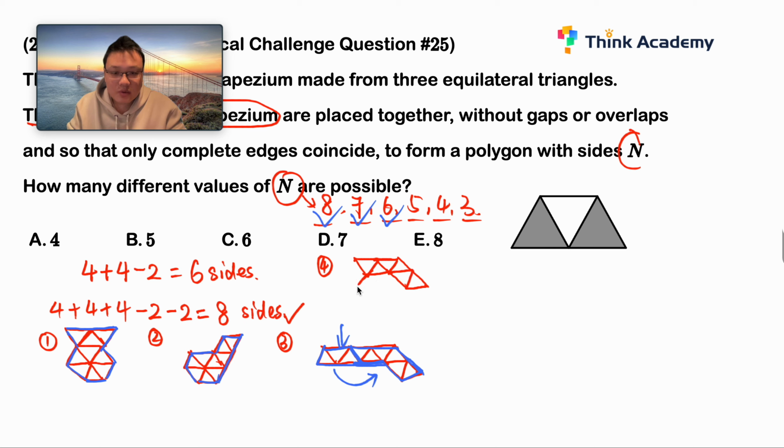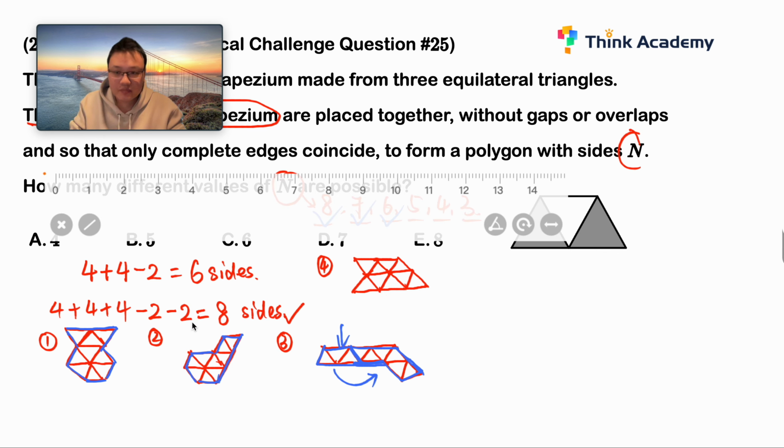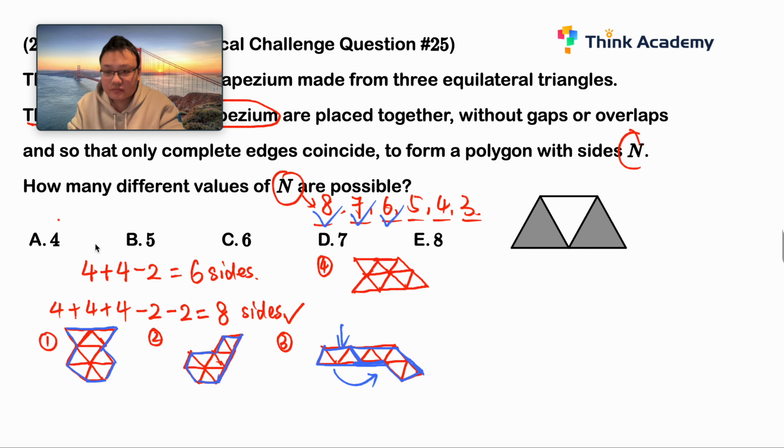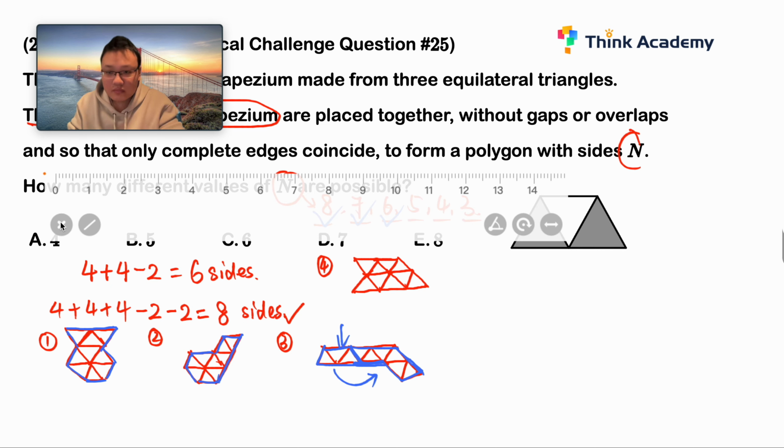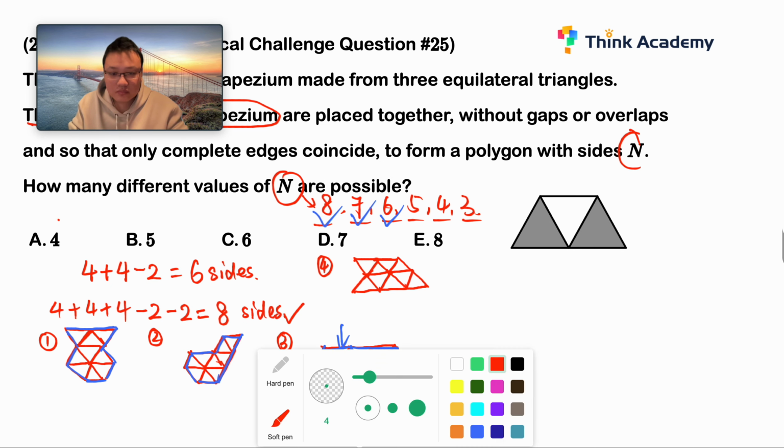And then let's put one more here. Okay. And now you just count it. So that'll be 1, 2, 3, 4, and 5. So that means 5, we can also get that.